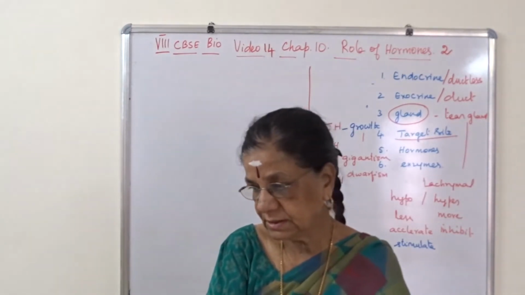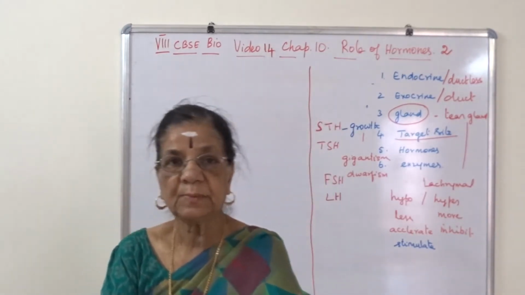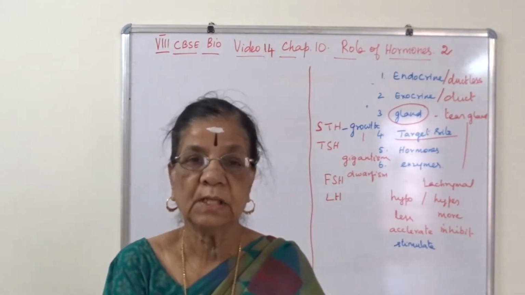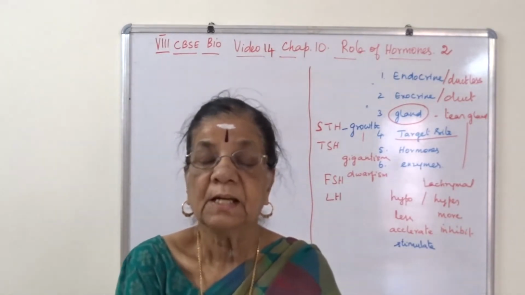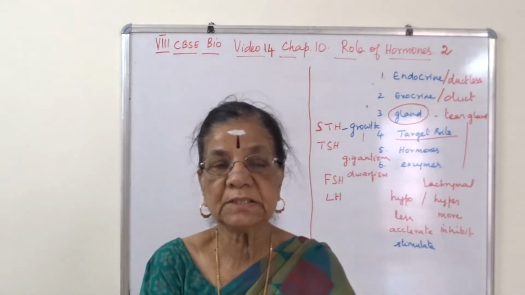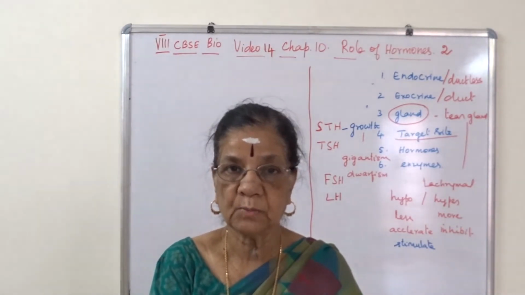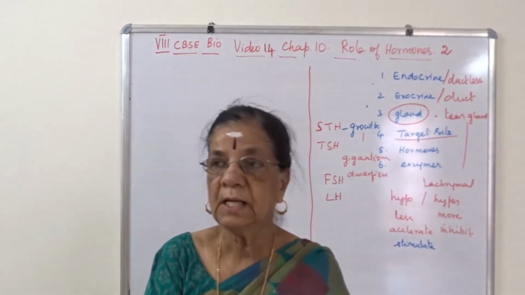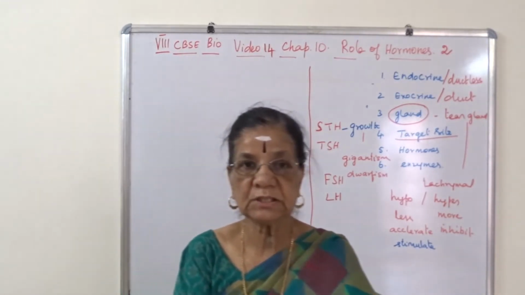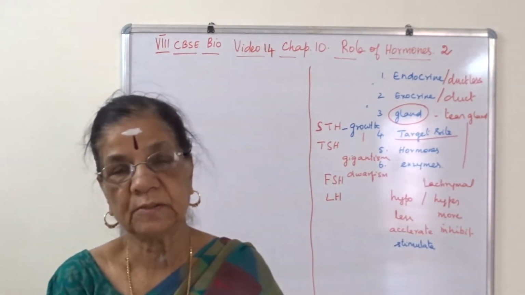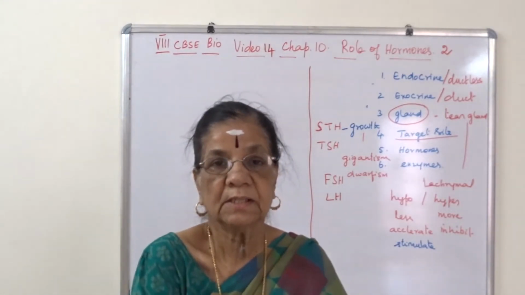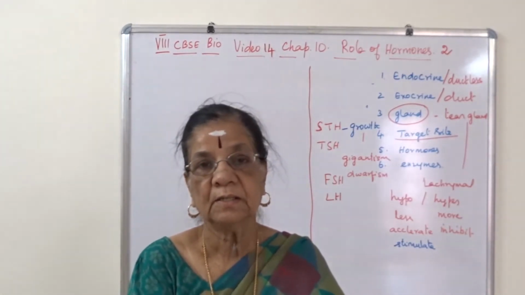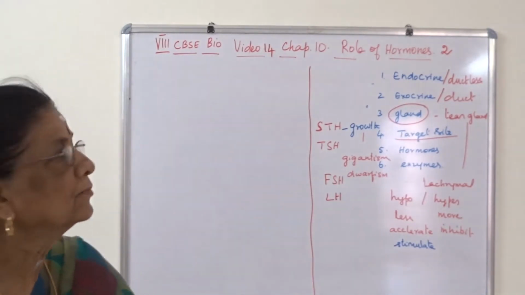Actually, this lesson in our textbook, chapter 10, is Reaching the Age of Adolescence, but as it gives more importance to the role of hormones, I am giving the heading Role of Hormones. So today is our video session number 14. 8th CBSE children, I hope you are listening. So we will continue the lesson.